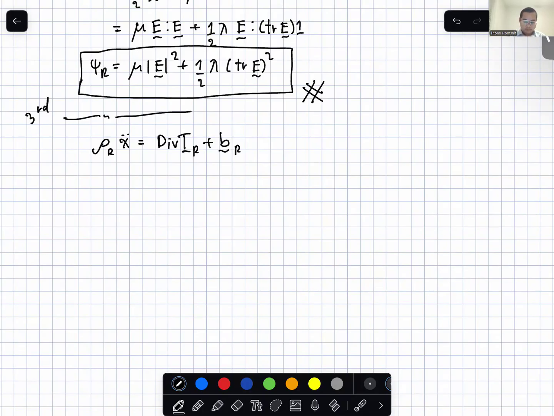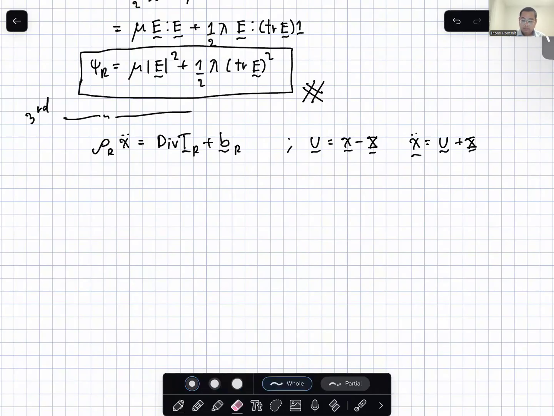We also know that the displacement is the little x minus the big X, so the small x is the displacement plus the big X. If we take the material derivative twice, the big X is constant, right?